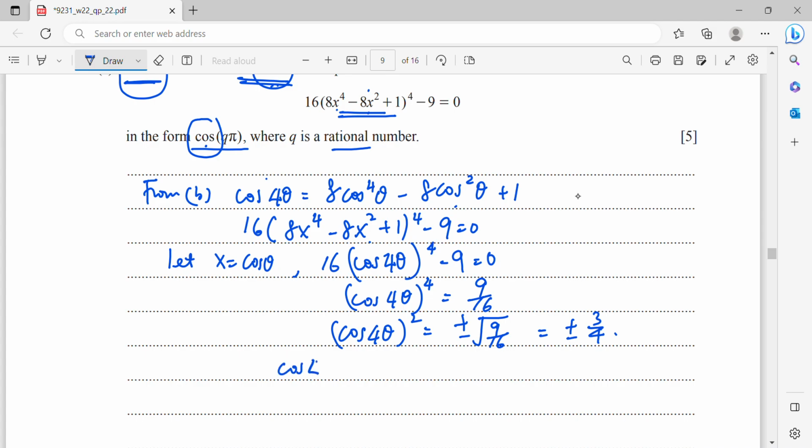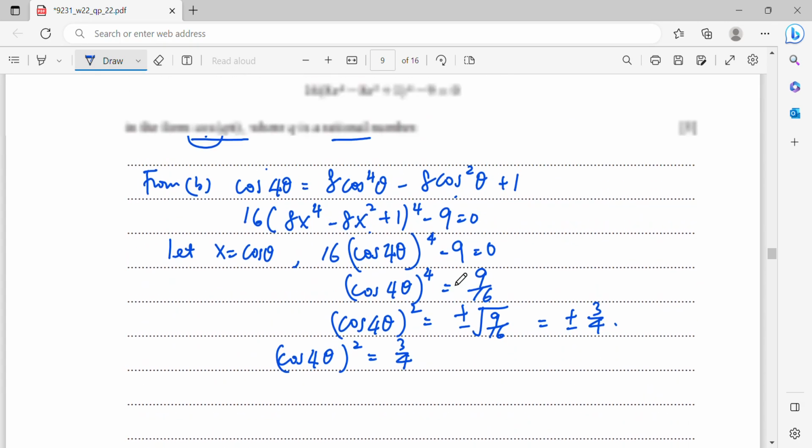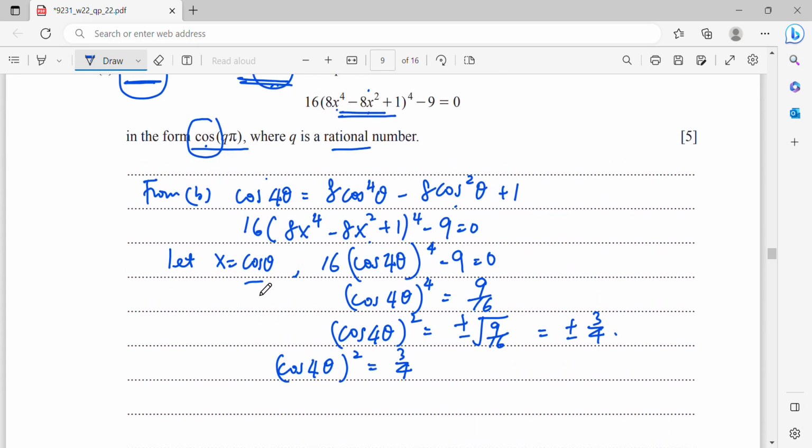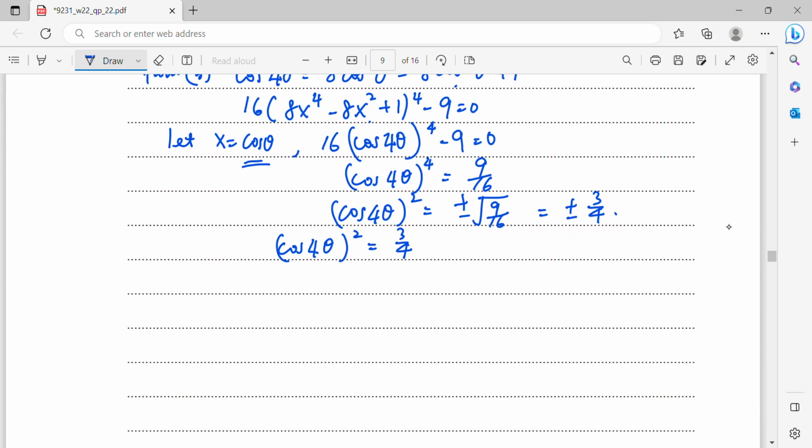Therefore, cos 4 theta squared is basically just 3 over 4. Now, with this, we need to get x, okay? x is cos theta. So you need to calculate the theta first. Find out the theta values. So now, move the square to the other side by taking plus minus square root. You'll be getting plus minus square root 3 over 2 for the cos 4 theta.